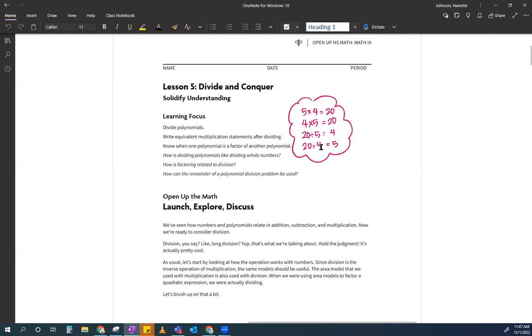Then your teacher would say, okay, do you know 4 times what would give you 20? And they're like, oh yeah, it's 5. Then they would say, if you know that 4 times 5 is 20, we know that 20 divided by 4 is 5. So this is where we're going to start our next video. Hopefully that makes sense, because remember, math should make sense. All right.